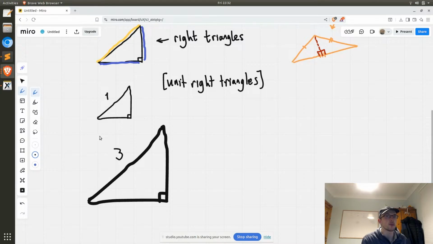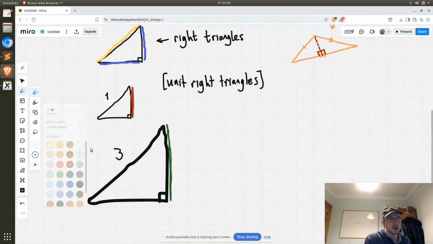The mathematical word for that is similar. These two triangles are similar. Even though one is bigger than the other, they essentially have the same shape, same proportions, you know? And if I know what the length of this leg is here, you know how I could get the length of this leg of this big one down here?